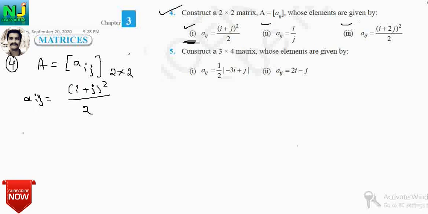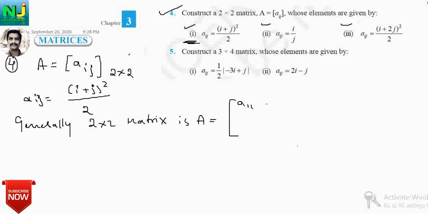So now what is the possible matrix? Generally, a 2 cross 2 matrix can be written as, let us say, capital A is equal to A11, A12, A21, A22.